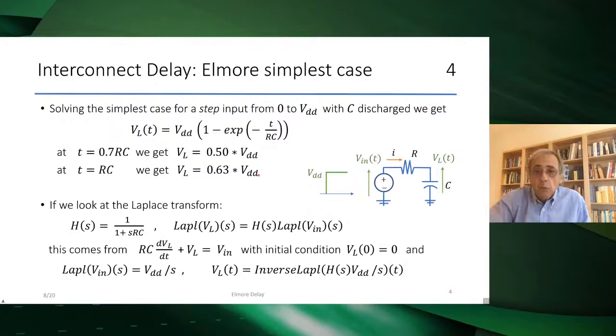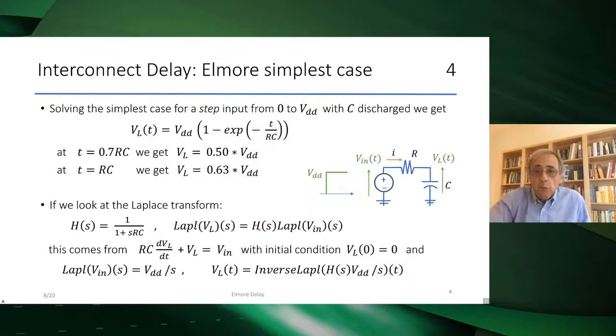There are many ways to solve this. You can check the equation. The equation comes from literally taking the sum of the voltages on this loop, which has to be 0. The current here is equal to C dV/dt. So you get RC times the derivative of the voltage plus the voltage equal to the source voltage.